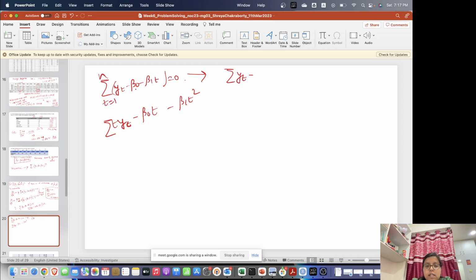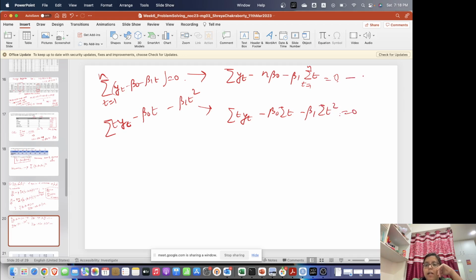Since this term is free of t, we can write n beta naught minus beta 1 summation t equal to 0. And in this equation we can write summation t y_t minus beta naught summation t minus beta 1 summation t square equal to 0.